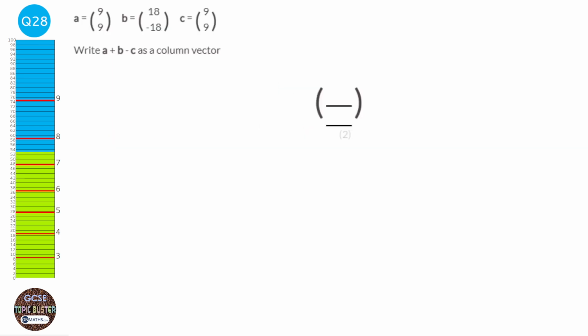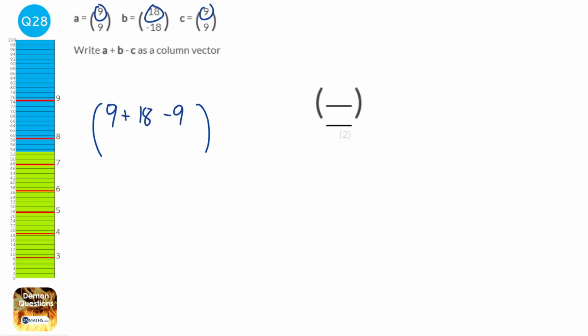When we're doing column vectors and adding and subtracting them, we just literally add and subtract the top and bottom numbers. So a plus b minus c will be, just looking at the top, 9 plus 18 minus 9, which will equal 18.